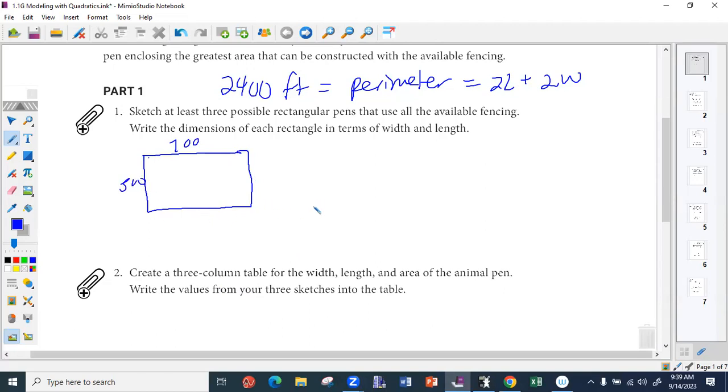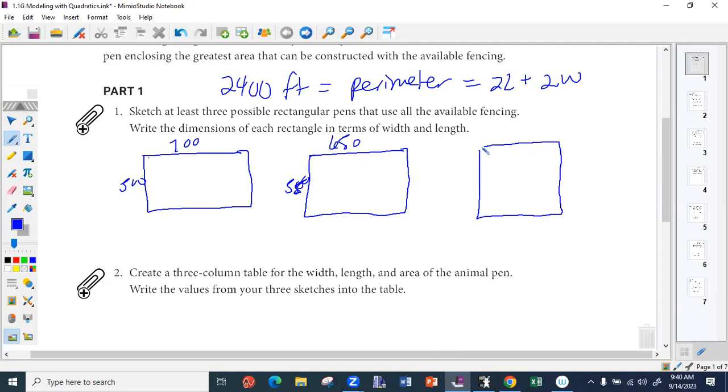Another one. 650 on top and 550 on the side. Okay, so we have a 650 going like this, and we have a 550. I have a 600 all the way around. We have a square.